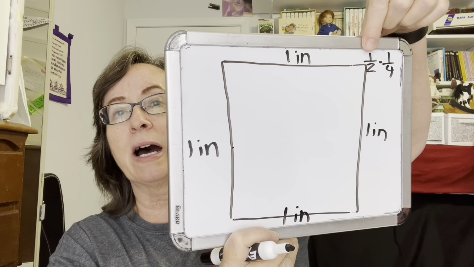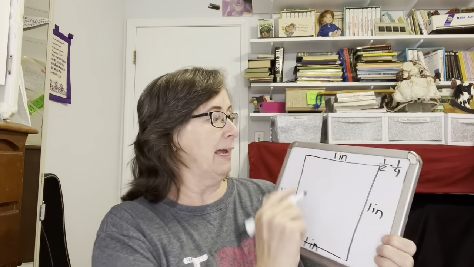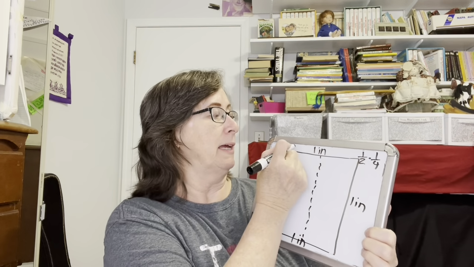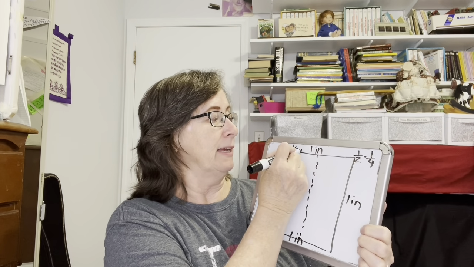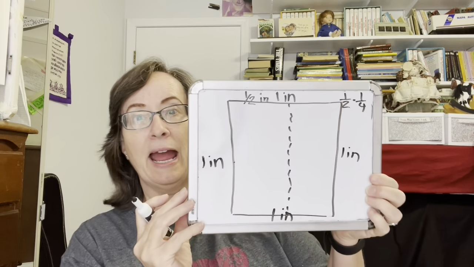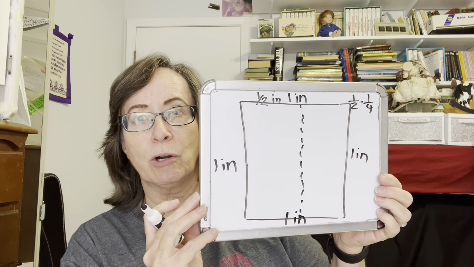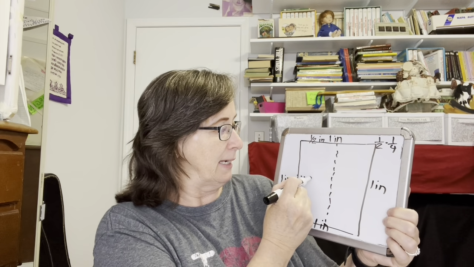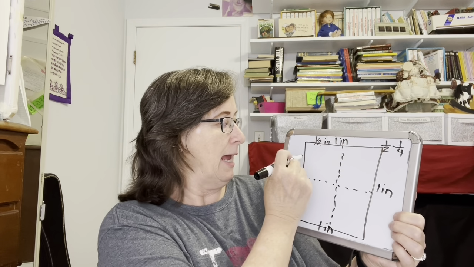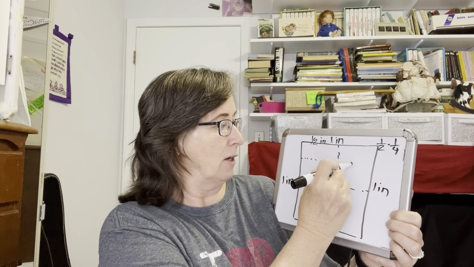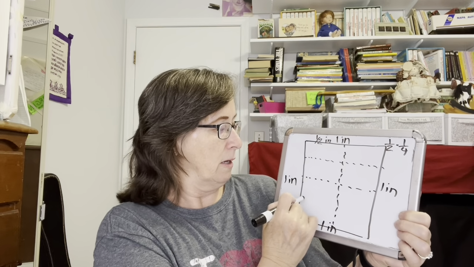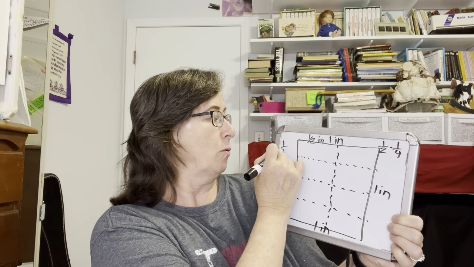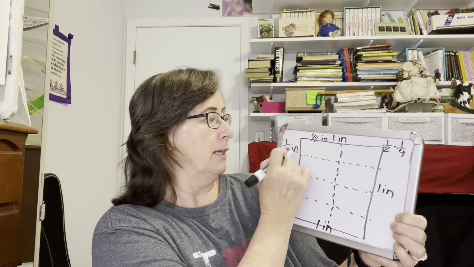Okay, so we're going to model the 1/2 by dividing and making this 1/2 inch. Okay, and then we need 1/4 of an inch going the other direction. So I'm going to divide in half and again in half. Okay, so now this right here is 1/4 inch.